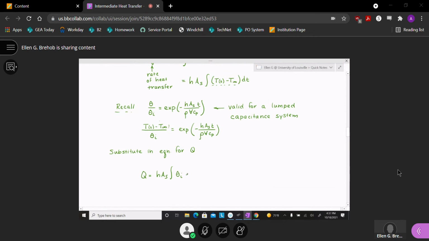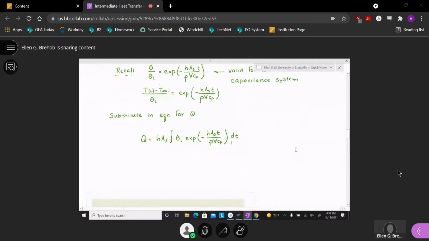All right, so theta I, and then I have to have exponent of minus hAs t over rho volume C sub P, and I'm finishing off with dt. Okay.